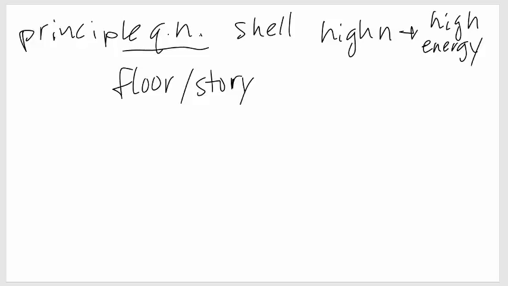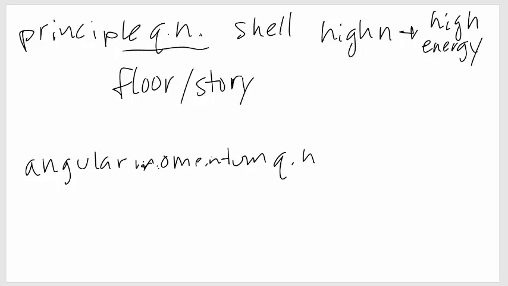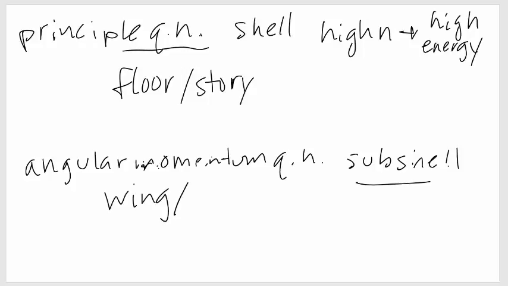Then we have our angular momentum quantum number, and sometimes this is called a subshell. And in our analogy of a hospital building, this subshell would be akin to a wing or a unit.